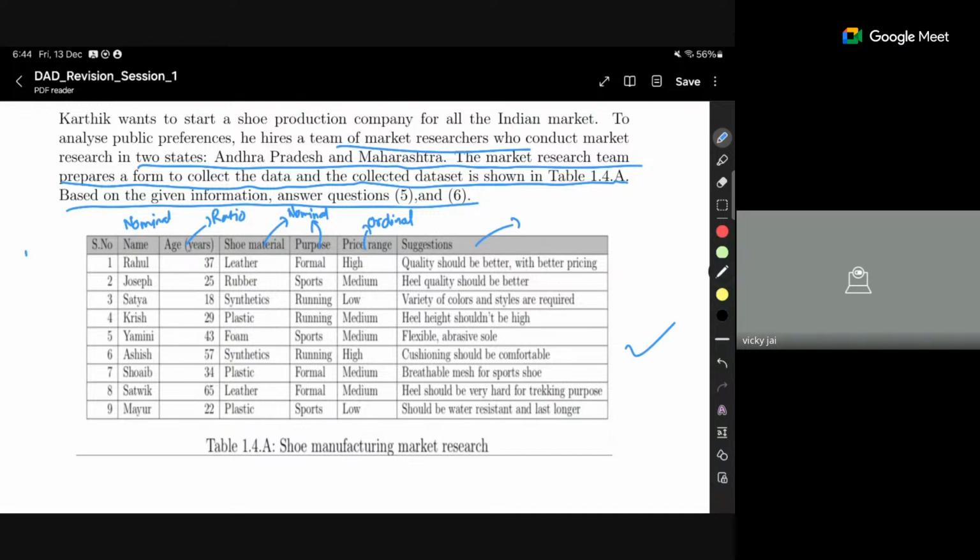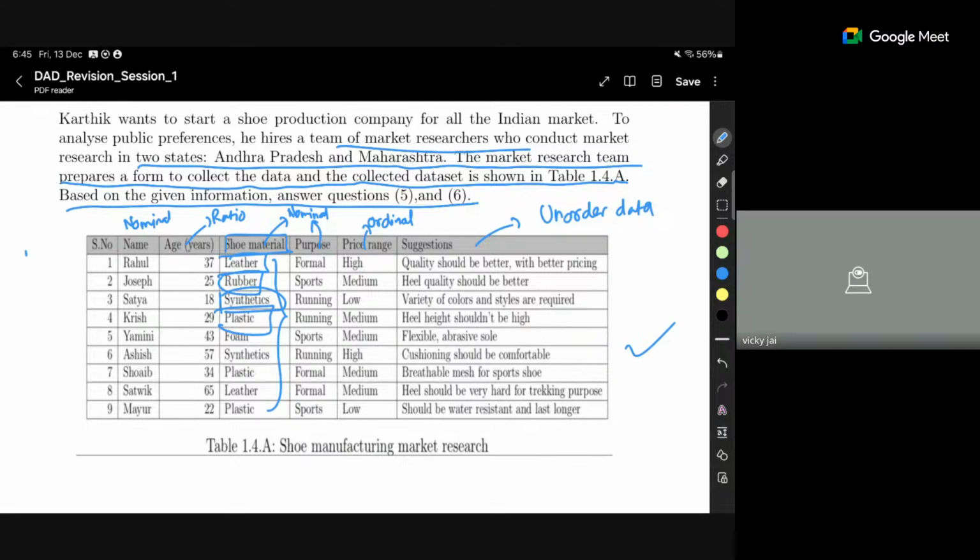Now what is this? Is there any scale of measurement available here? No, right? There is no order here. This is all unordered data, because when the data is present in a certain form, you know what is going to come next. Let's say these options are there. You know that something of this is going to appear. You know what is going to be the shoe material, since there are certain limited options.